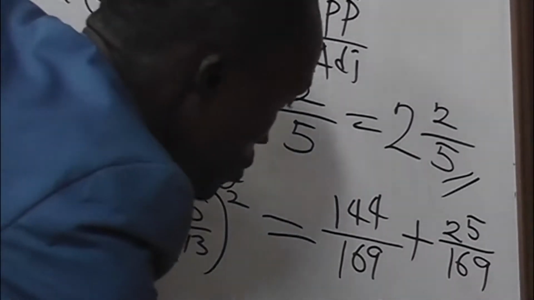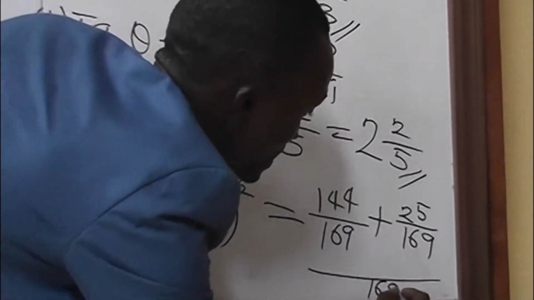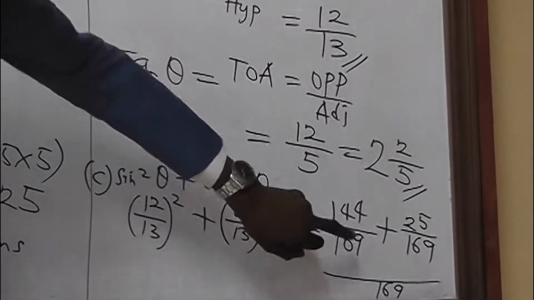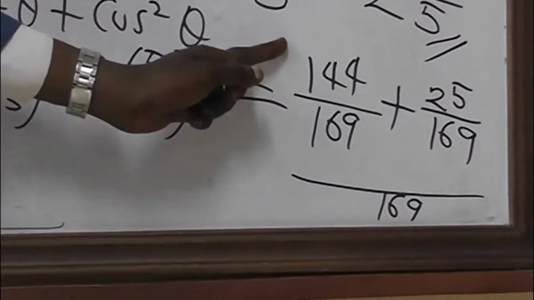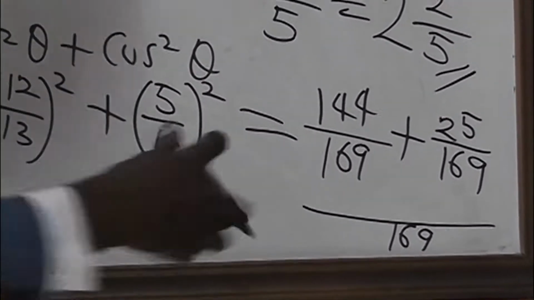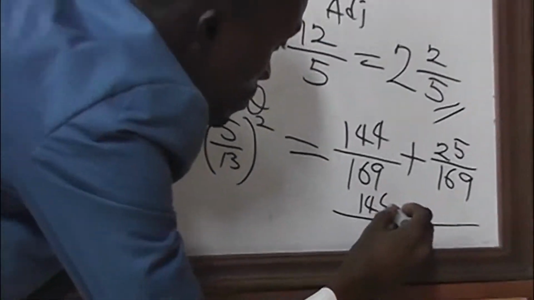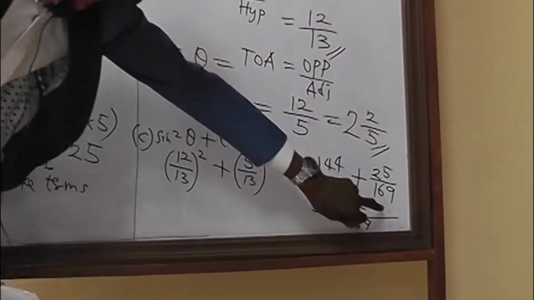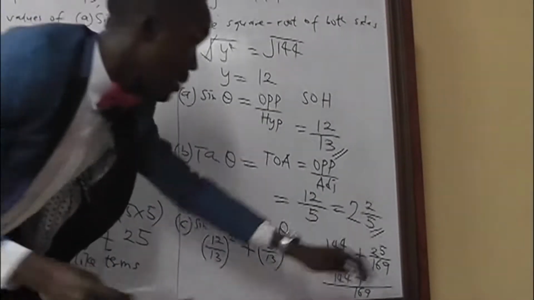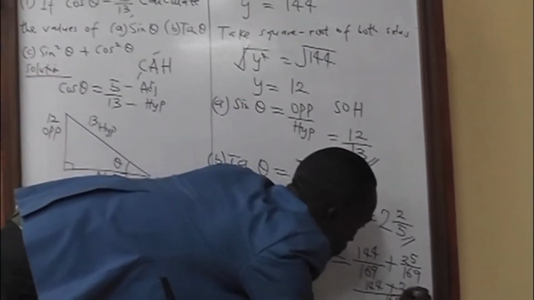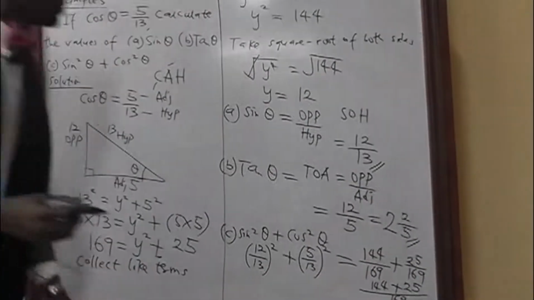So if you take that, we have this as 169. 169 in 169 will give us 1. 1 multiplied by the numerator, which is 144, will give us 144. 169 in 169 will also give us 1. 1 multiplied by 25 will give us 25.